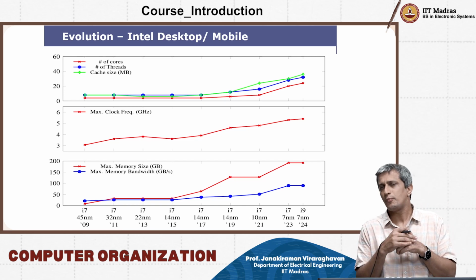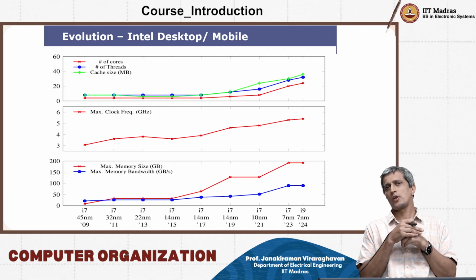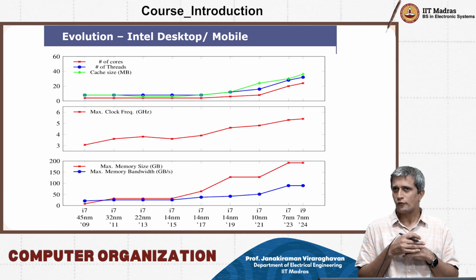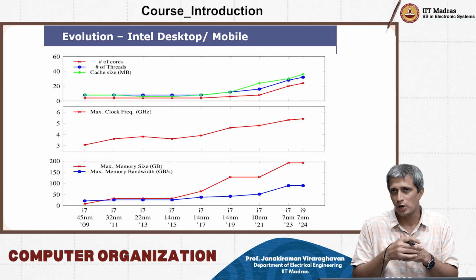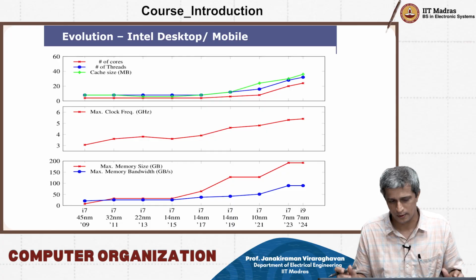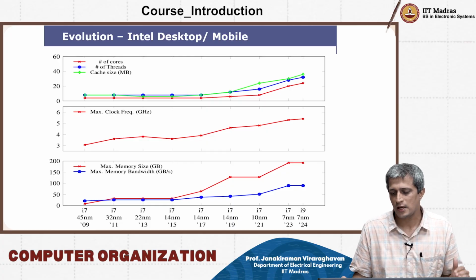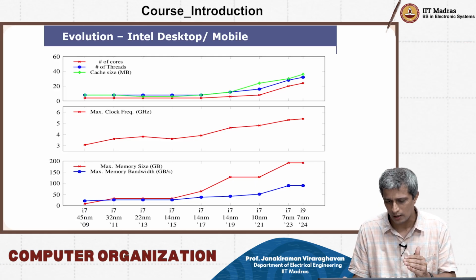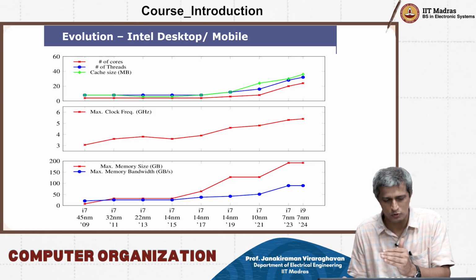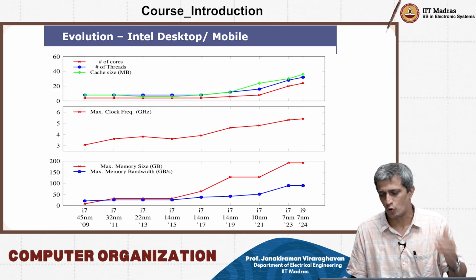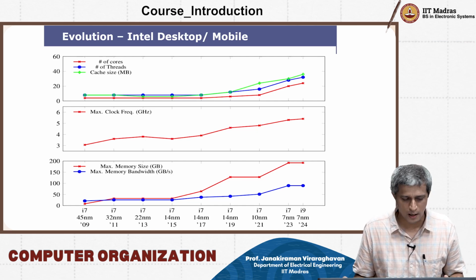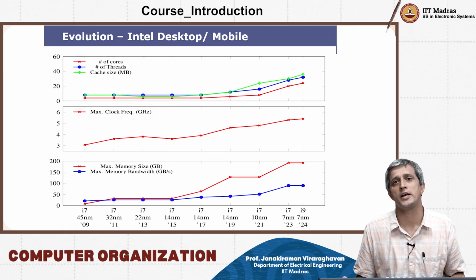But beyond a point, people realized that just making a processor fast was not good enough, and therefore it was better to keep the clock frequency at some reasonable rate and add more cores to it. So that's what you see, where the red line from 1 core, from 2017 i7 14 nanometer, went up to 2 cores, 3 cores, and then many more cores, jumped up significantly to about 20 cores, and maybe a little more than 20 cores in 2024.